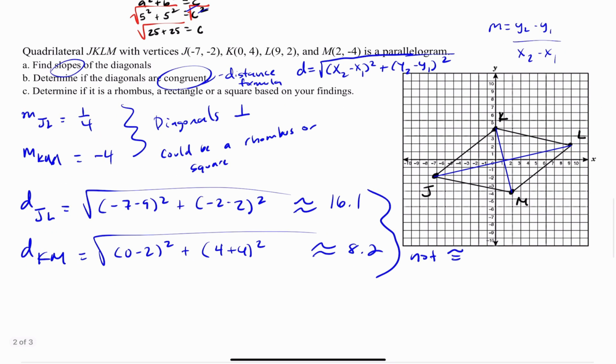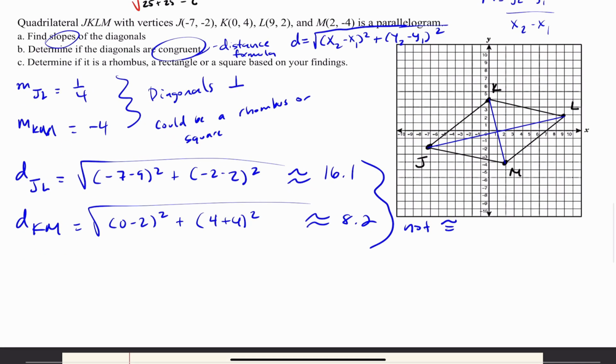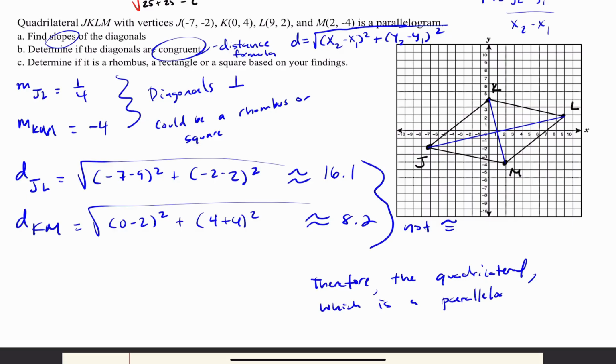So since the diagonals are perpendicular and the diagonals are not congruent, we conclude that the quadrilateral, which is a parallelogram, is a rhombus.